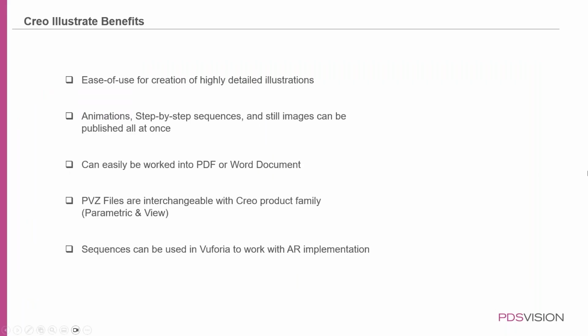So real quick, the benefits of Creo Illustrate: it's really easy to use, and you can create highly detailed illustrations. I was showing how quickly you can set those up and how intuitive it is. Animations, step-by-step sequences, and still images can be published all at once, and those are easily worked into your PDFs or Word documents.